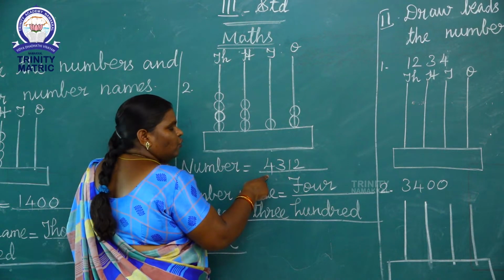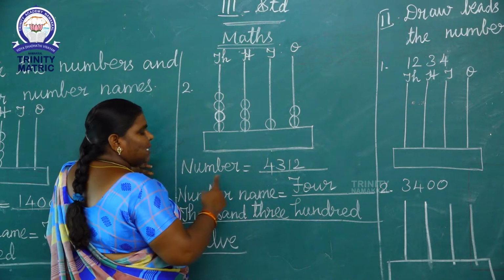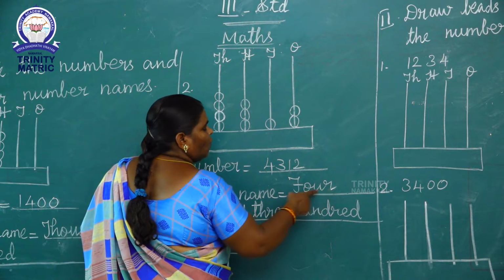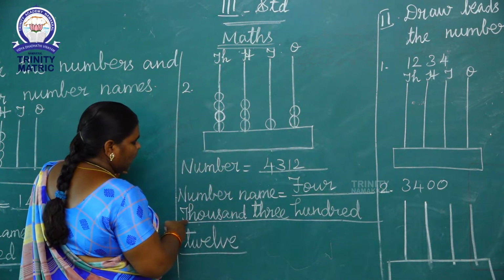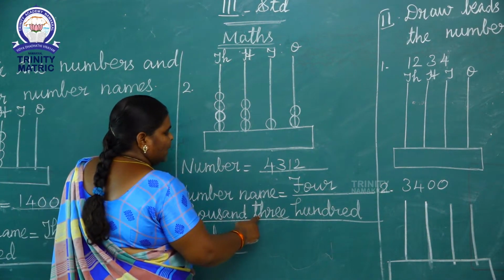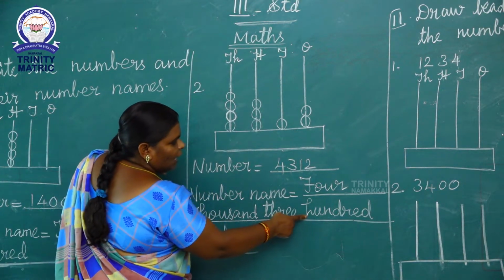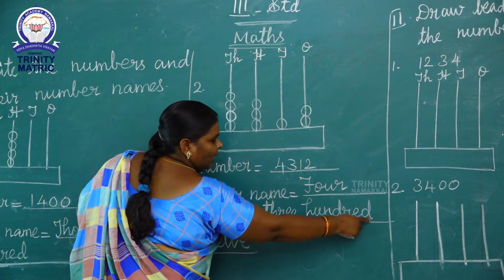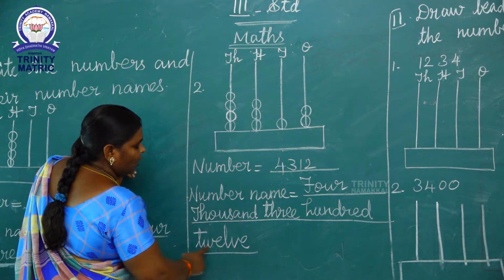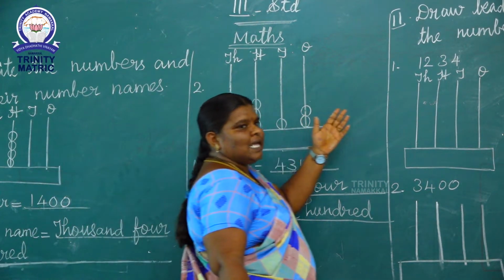So you read the number: 4312. Next you write the number name. 4000. Say the spelling. FOUR, 4000. THOUSAND, 1000. THREE HUNDRED, 300. TWELVE, 12. Are you understand, children? Okay. See the next sum.